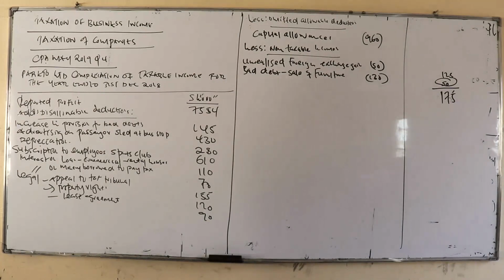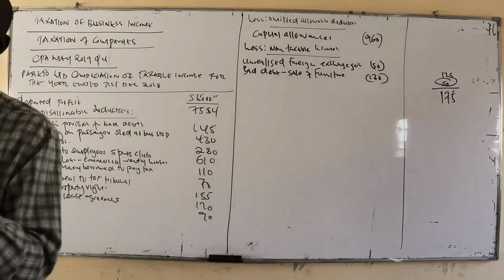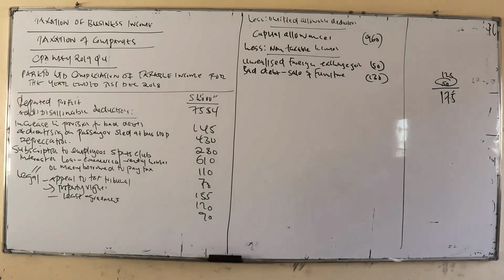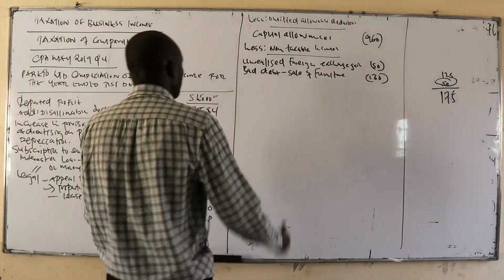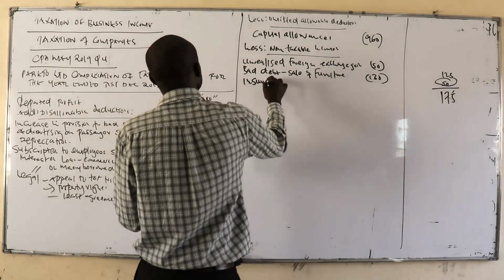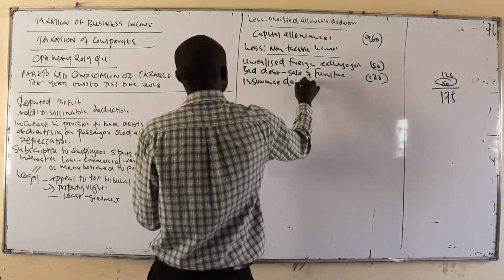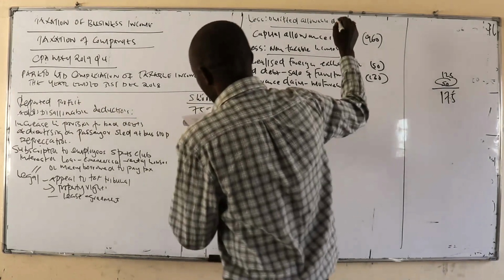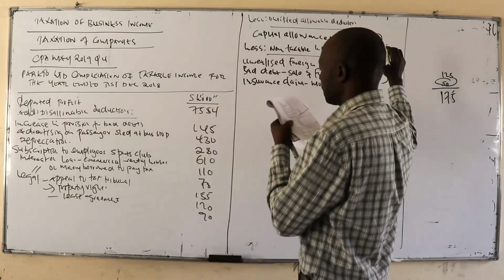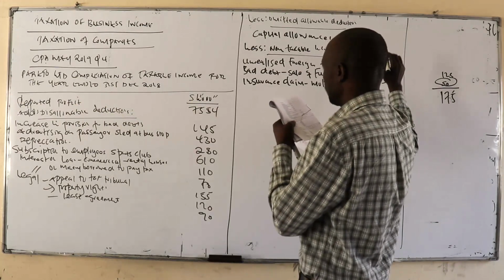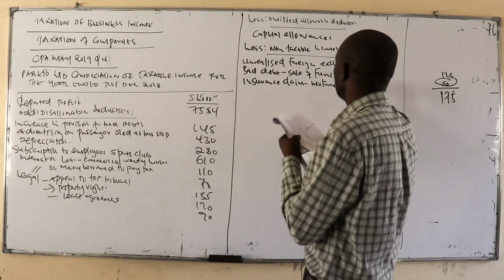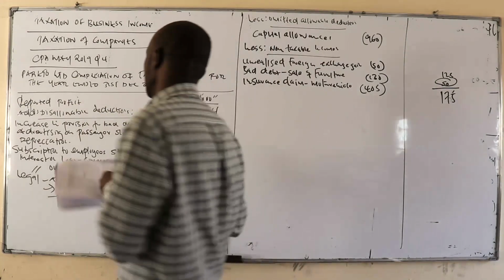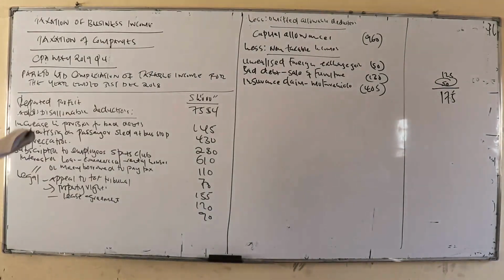You go to the next item, insurance claim. For the insurance claim, you have been given the breakdown. The insurance claim related to insurance compensation on loss of profit is taxable. Then the insurance claim on loss of motor vehicle. How much is it? 4.5.